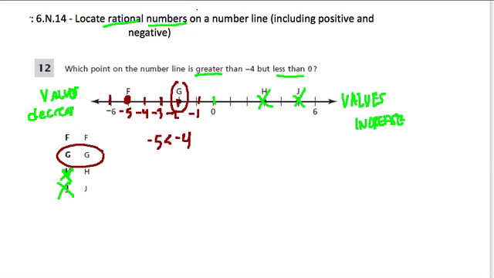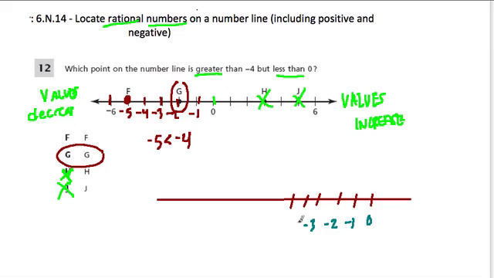And they might try and trick you up a little bit. For example, they might say, let's just rescale this with F and G. So here's 0, 1, 2, 3, 4, 5. Well, that's horrible. Sorry about that. This is 0, -1, -2, -3, -4, and -5. Okay, so F is here, -5, and G was at -2.